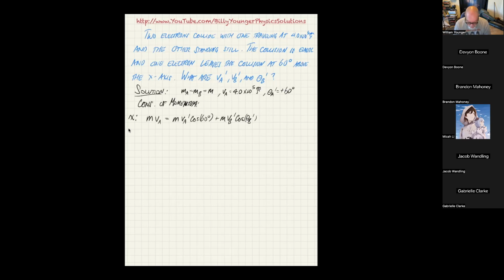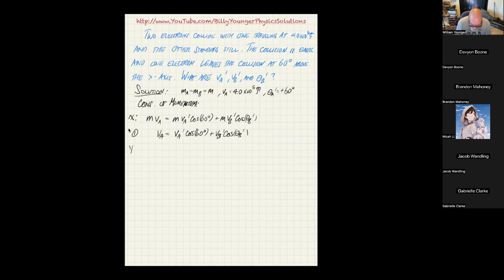We also know that because their masses are identical, I can simplify this into VA is equal to VA prime cosine 60 degrees plus VB prime cosine theta B prime. Okay, so I'm going to call that equation 1.